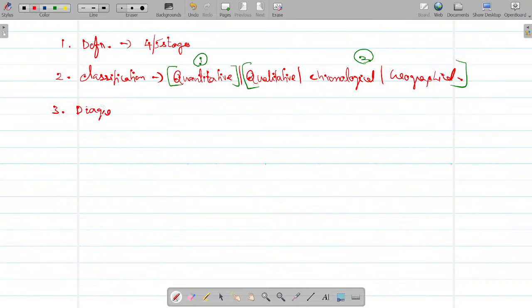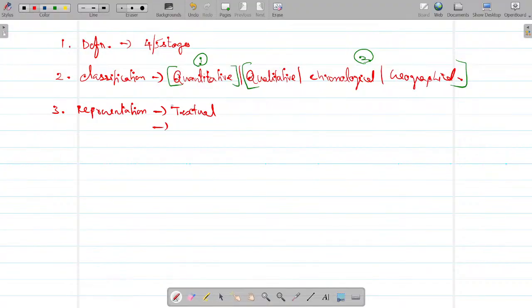Then we went into detail with respect to diagrams. Before diagrams, we were discussing representation. What are the different types of representation? Textual, which is descriptive form, writing in paras and paras.